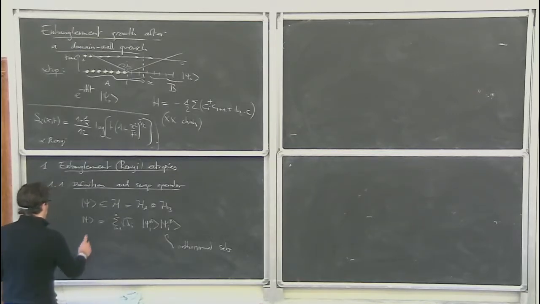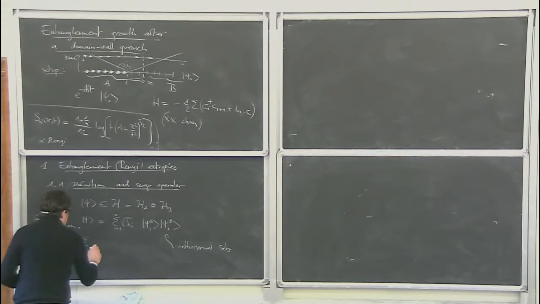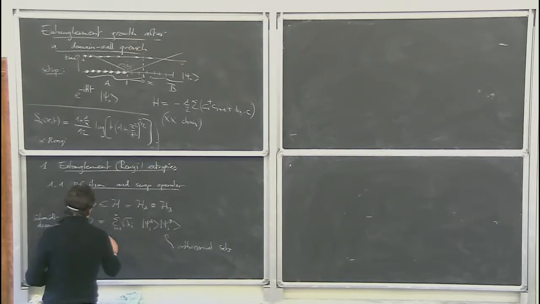And so this is the Schmidt decomposition. And we are going to work with normalized states, so that the sum over I of lambda I, the norm of psi, is 1.